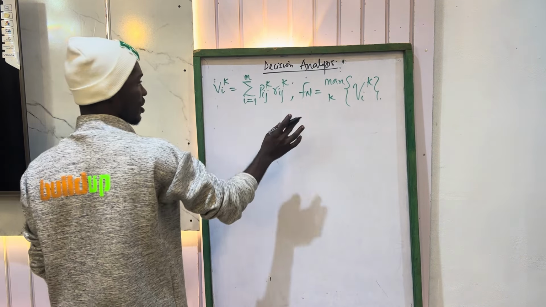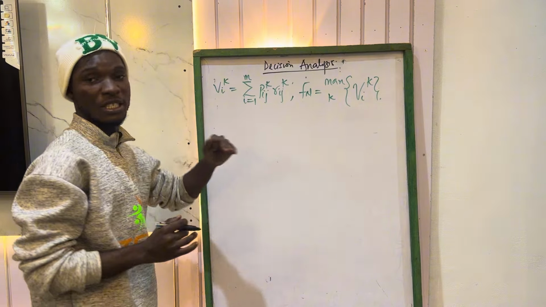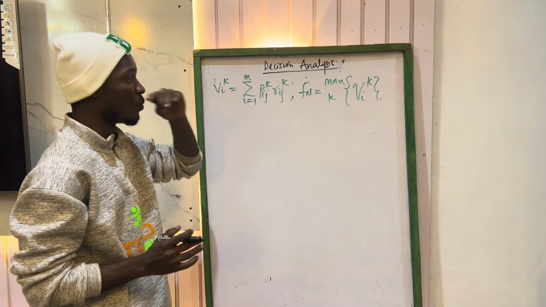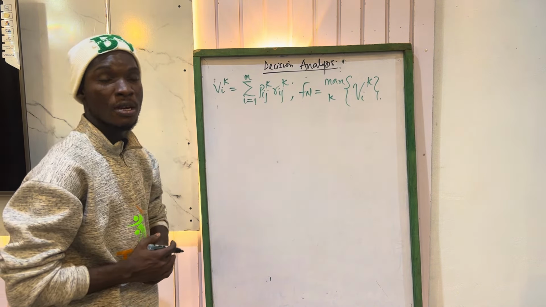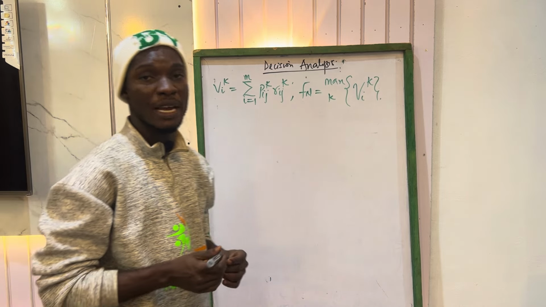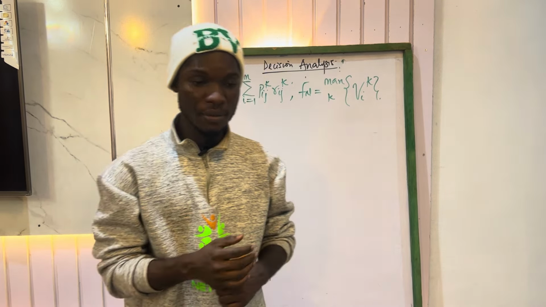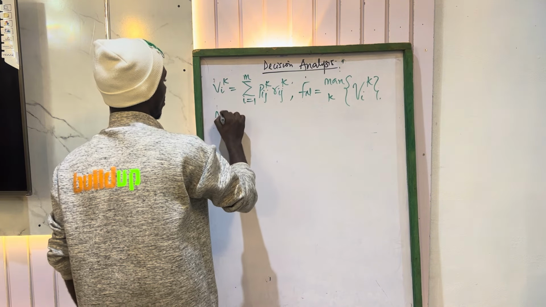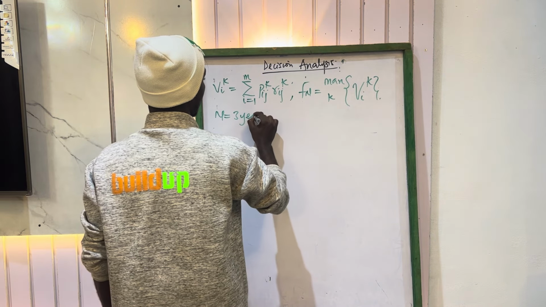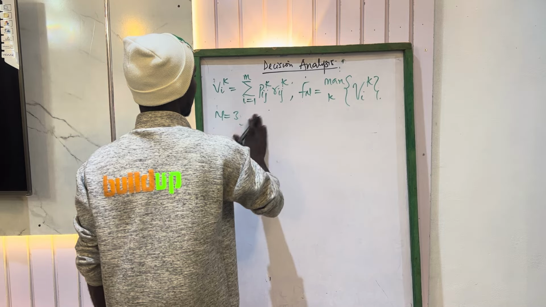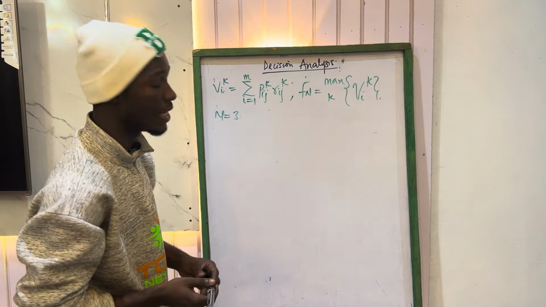So at each stage, let me leave the each stage first. Then after we have solved for stage 3, then we will now proceed. Now, how do I know that it's stage 3? In the question, you'll be given that, yes, you can see the probability I gave you, 1, 2, 3. So we are given like 3 years. So our n is going to be 3, because we are considering 3 years.